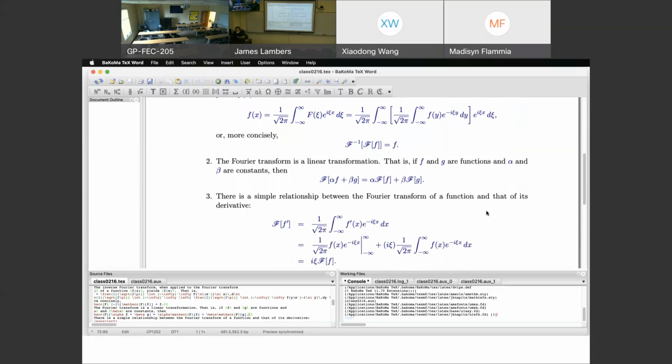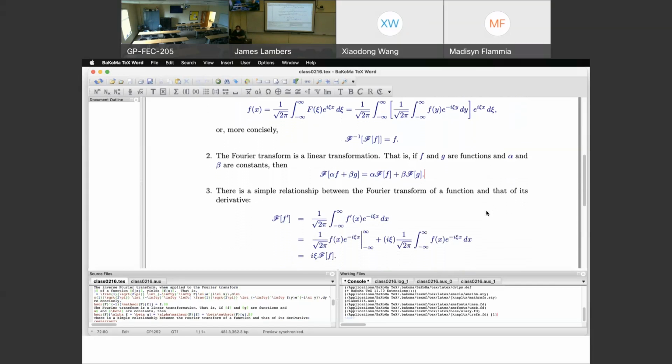This next one is particularly important for solving PDEs with the Fourier transform: the derivative. So here we're taking a Fourier transform of f prime. We'd like to be able to express the transform of f prime in terms of the transform of f. Because presumably the transform of f might be something that we're solving for or something we already know how to get.